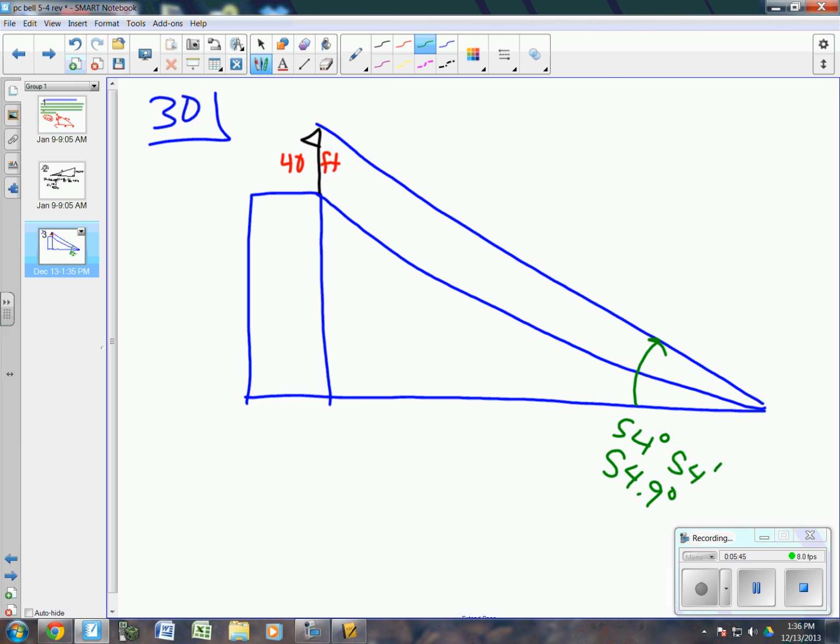Okay, what's the other angle? 47 degrees, 30 minutes. What's that in decimal degrees? 47.5 degrees. Okay, all right, and what does it want to know?